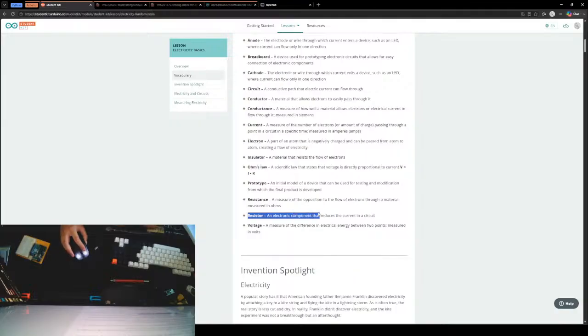Resistor: an electronic component that reduces the current in a circuit.